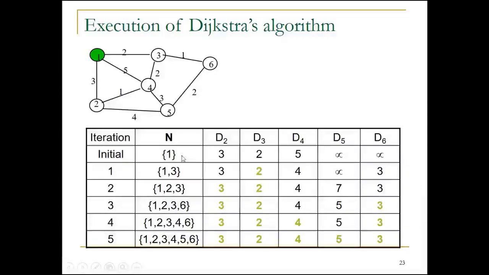So we have the iterations or the sequence, and then we have the N, which represents the links that you have to route a given packet in. And obviously we have your destinations: destination 2, 3, 4, 5, and 6, which covers from 1, 2, 3, 4, 5, and 6.